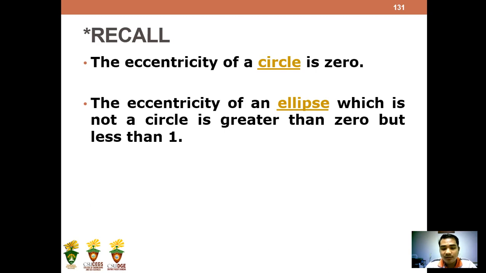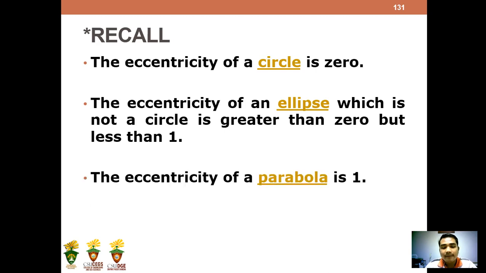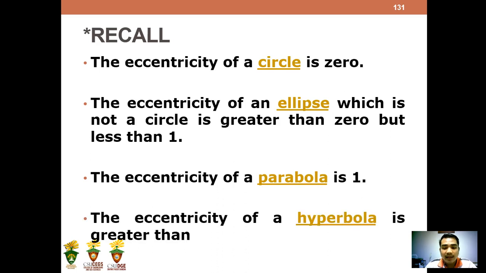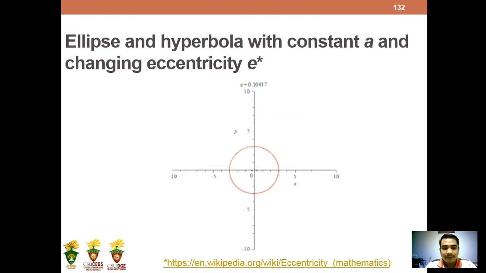Once it goes past 1, it is a different conic section. The eccentricity of a parabola is equal to 1, exactly 1, no other value. And when it is greater than 1, that is what we call a hyperbola. Again, a circle has eccentricity 0, an ellipse 0 to 1, a parabola exactly 1, and a hyperbola greater than 1.